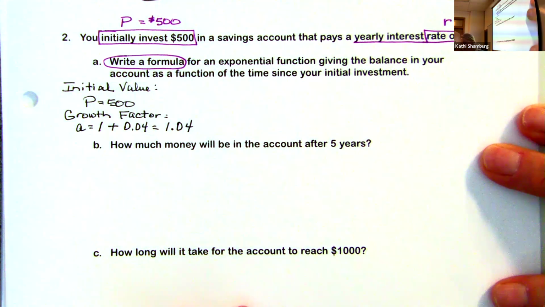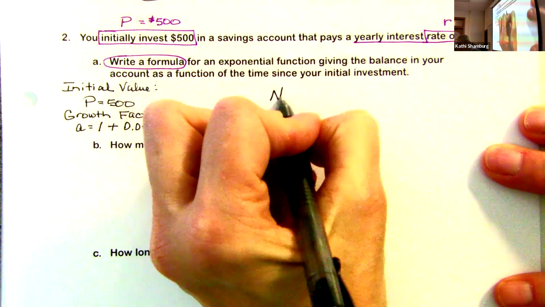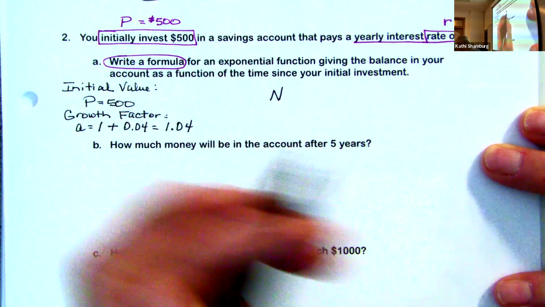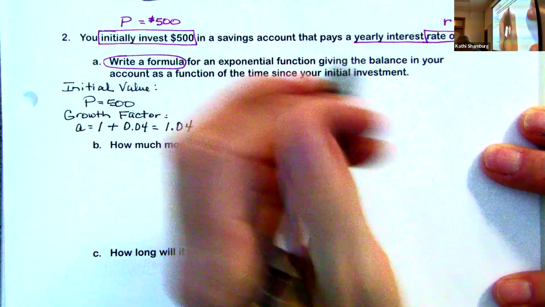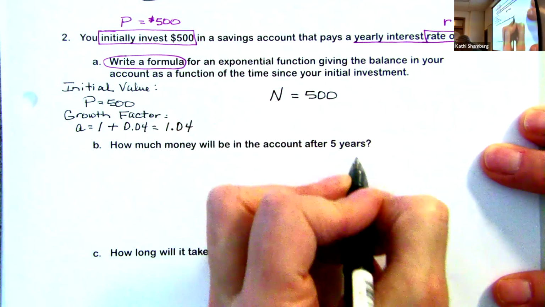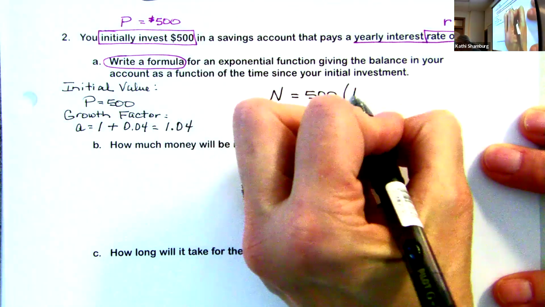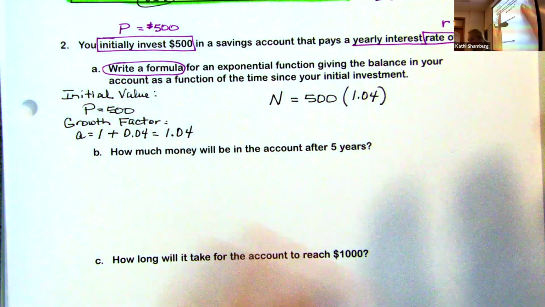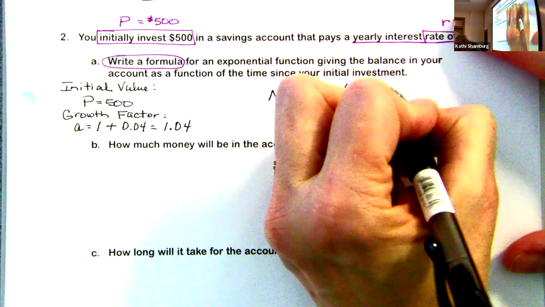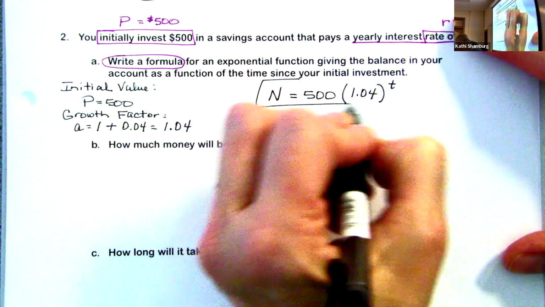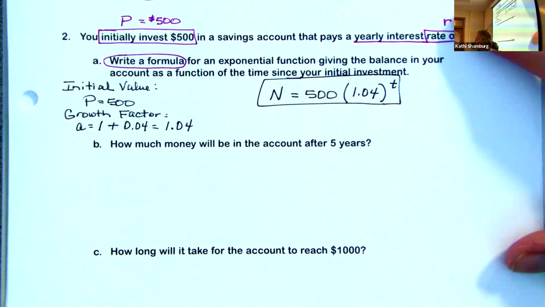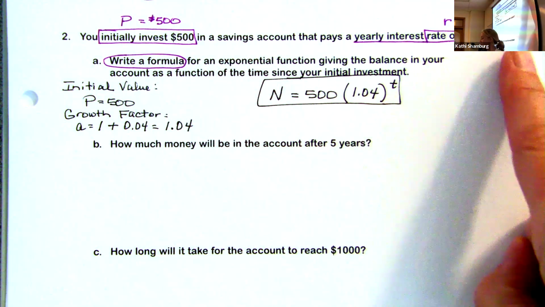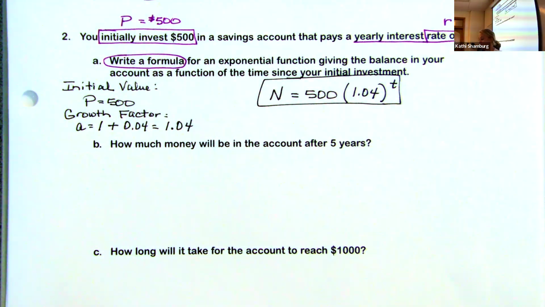So now we can write our equation in, that's my savings account balance, right? Equals my initial value, 500, times my growth rate, 1.04, raised to the what? T. The bigger this number is, the faster my money grows. That's a pretty small growth rate, but it's better than a decay.